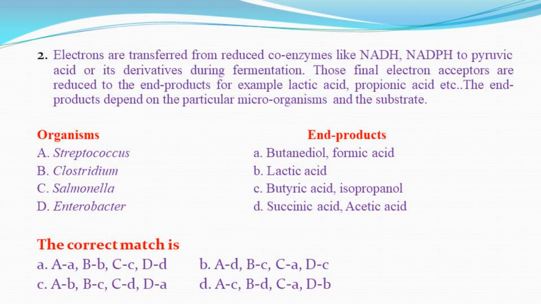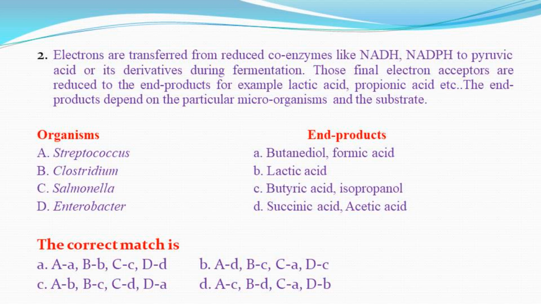Let us see the next question. Electrons are transferred from reduced coenzymes like NADH, NADPH to pyruvic acid or its derivatives during fermentation. Those final electron acceptors are reduced to the end products, for example, lactic acid, propionic acid, etc. The end products depend on the particular microorganisms and the substrate.